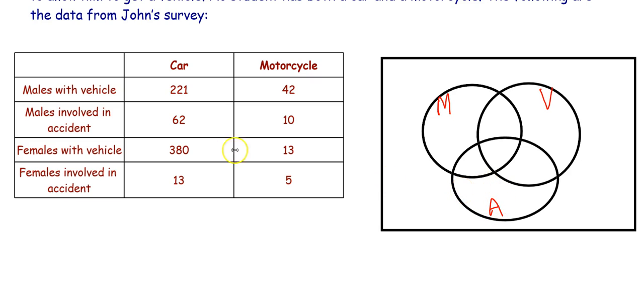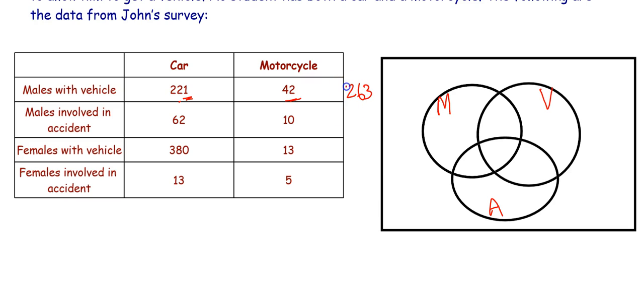Okay, let us make some more calculations here. Now, what is the total number of car and motorcycle owners? This 221 is added to 42 to give me how much? 263. Right, 263 vehicle owners we have here.